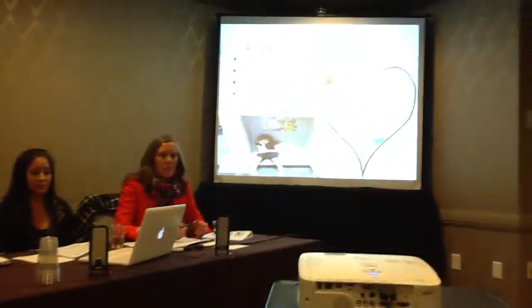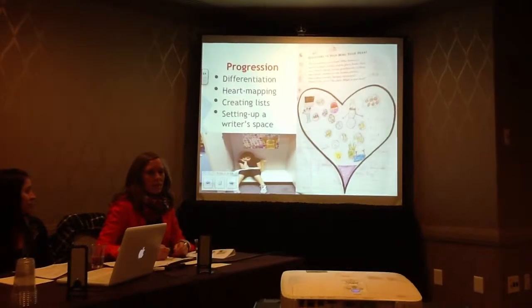So like I said, most of the students I was teaching were Iraqi refugees, and this means that a lot of them hadn't been to school in years. So we spent time setting up a writer's notebook, which sounds easy until you don't have the language to access what to put into a writer's notebook. So we spent a lot of time making heart maps or things that looked similar to this. So this is one student, Ronak.